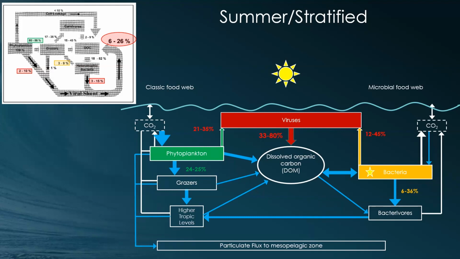And over here for the bacteria, we have 3 to 9% going to grazers. That was 36%, because back then we didn't know the importance of bacterivores too much. And then 3 to 15% going to the viruses, where I have 12 to 48%. So instead of 6 to 26%, I have 33 to 80% of the photosynthetically fixed carbon moving through that viral shunt. It's extremely significant.